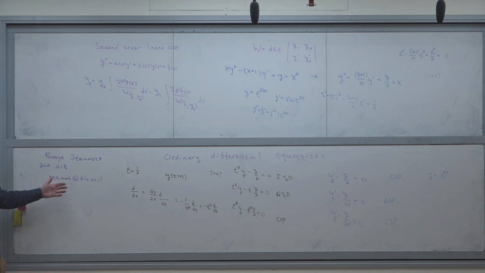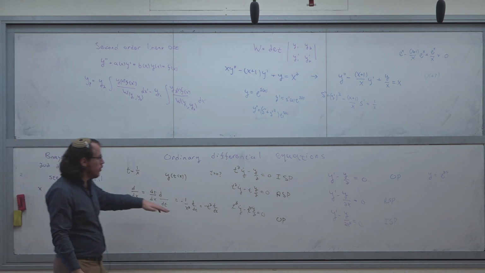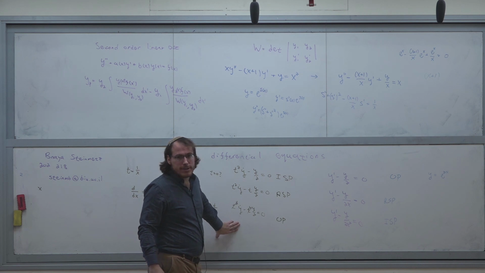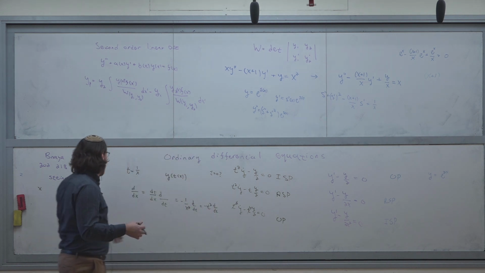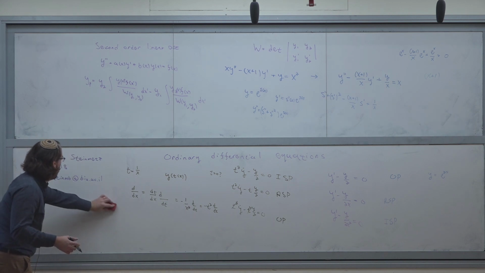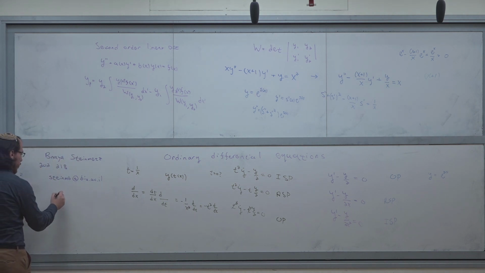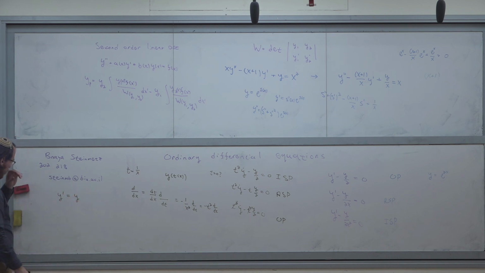For example, if we have an ordinary point, it's straightforward to do, even if I don't know how to solve. Let's say I don't know how to solve y prime equals y, maybe over x.